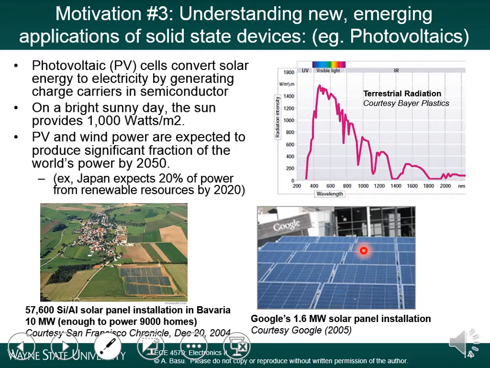Google was one of the first companies to put massive solar panels on the rooftops of its big data centers. This was back in 2005, about 10 years ago. Now you see solar panels on certain parts of California. Every rooftop, every home will have solar panels on top of it. One of you was from LA, right?